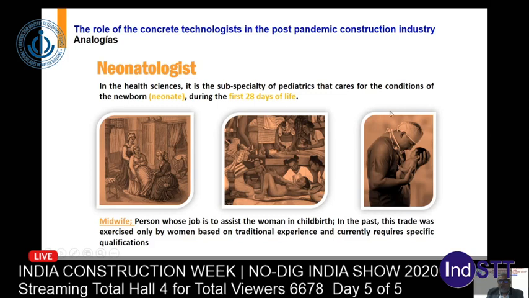If you think about it, 3 or 4 generations ago, there were no medical doctors for the majority of the population to help the lady during the childbirth.